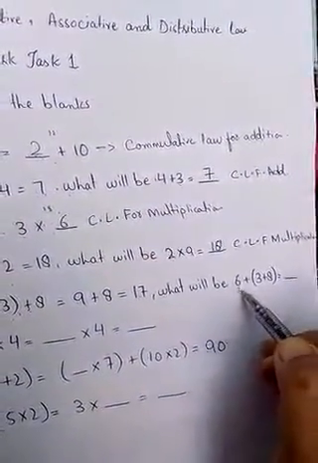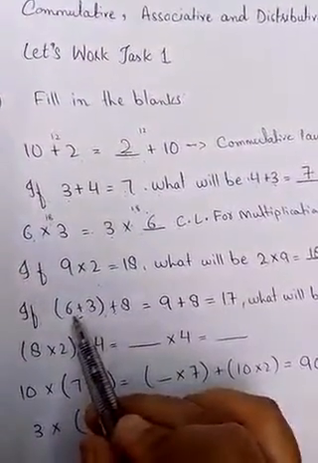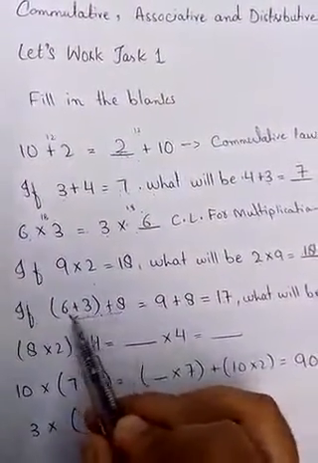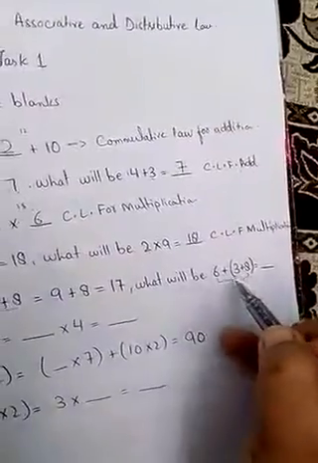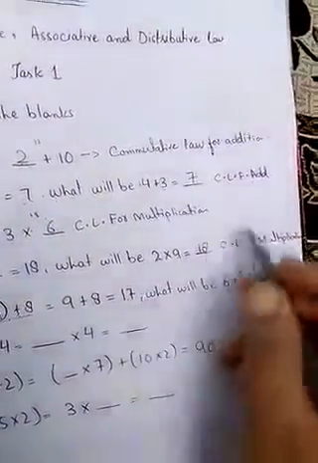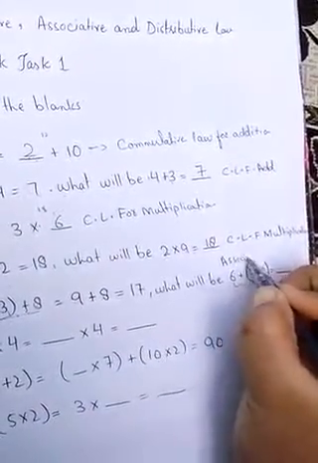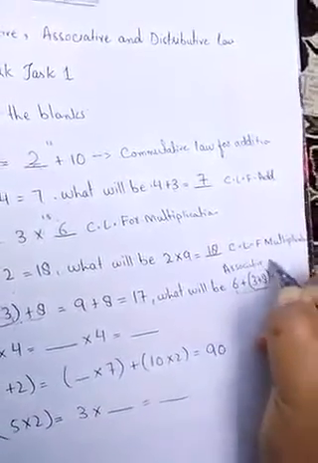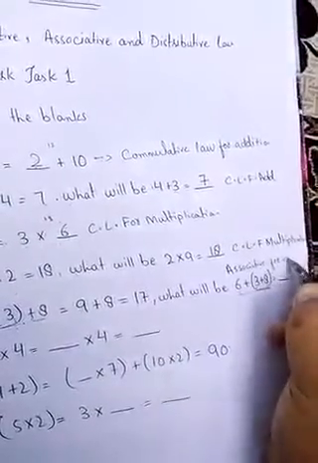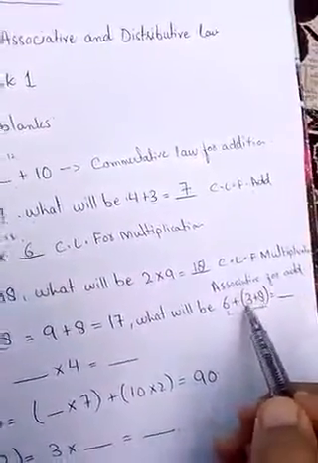Now here we change the group of the number. Here we group 6 plus 3 and here we group 3 plus 8. So this is associative law for addition. And in associative law, it does not matter how we group the number.